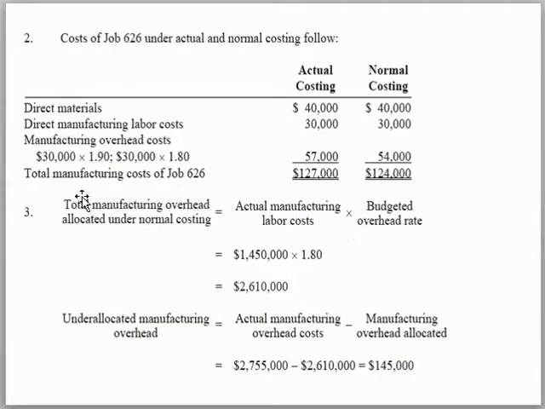So to know the total overhead allocated under normal costing, we multiply the budgeted rate by the actual base, which is the actual manufacturing labor cost.